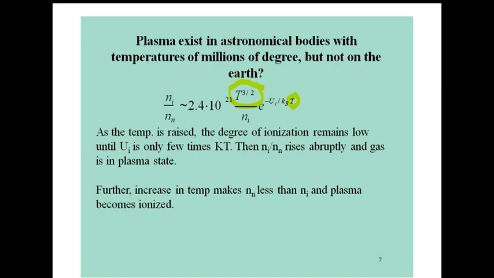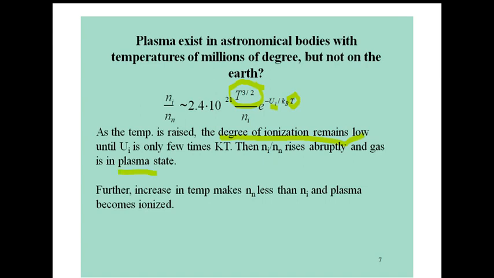The degree of ionization remains low until Ui becomes a few times kT, like 2 kT, 3 kT or 4 kT. Then the ratio abruptly rises and the gas becomes a plasma state.